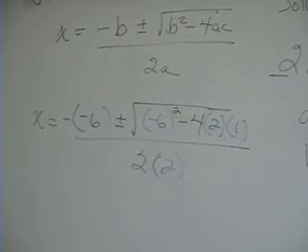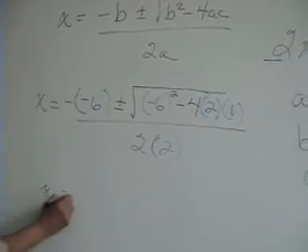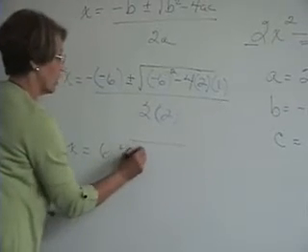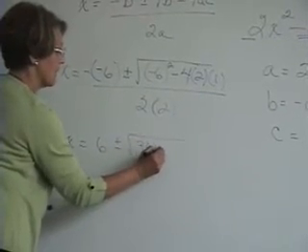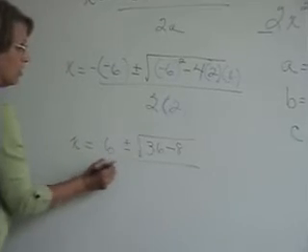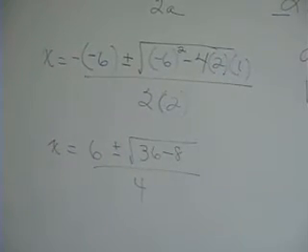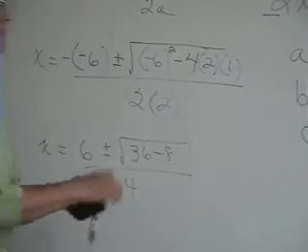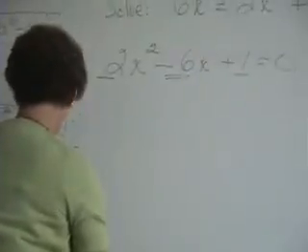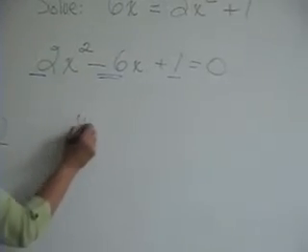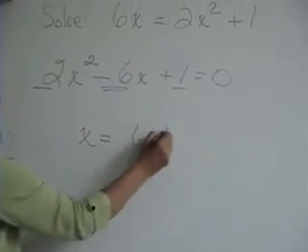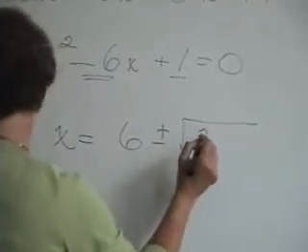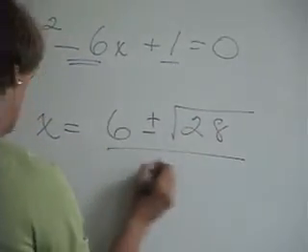And now I'm going to solve this. So, x is going to equal 6 plus or minus the square root of 36 minus 8 all over 4. Continuing on, x is going to equal 6 plus or minus the square root of 28 over 4.